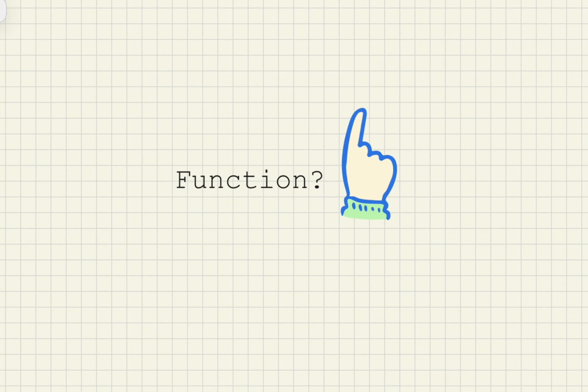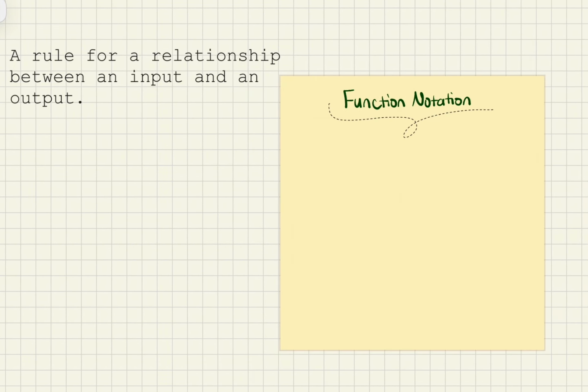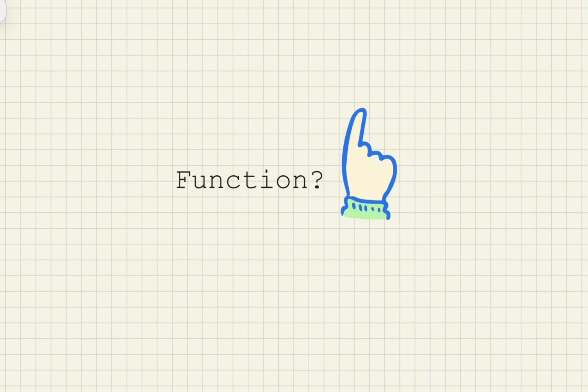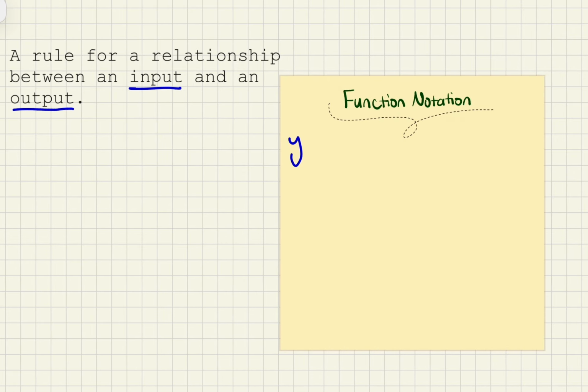What is a function? A function is some rule for the relationship between an input and an output. Typical function notation is y equals f of x, which is the one that you're probably the most familiar with. There's also y equals g of x and y equals h of x.